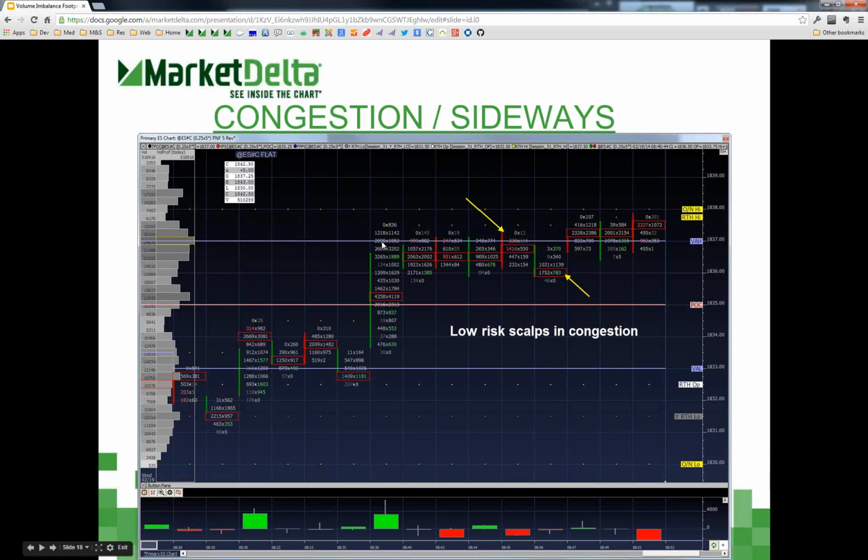And this purple line is the value area high. This is the POC and the value area low. I wasn't leaning on it too hard at all, but I was really leaning on these triggers, I'll call them triggers. These volume imbalance, sell volume imbalance triggers.